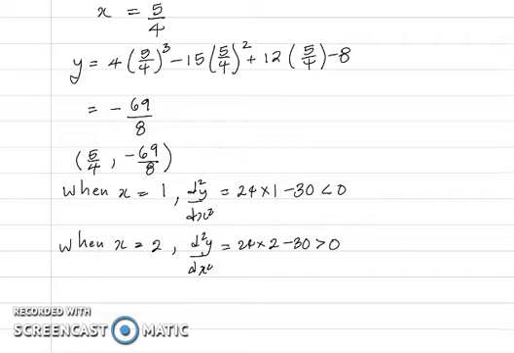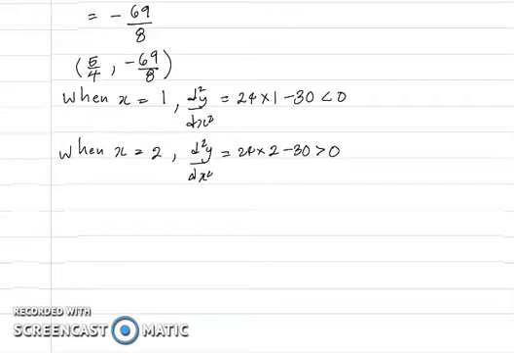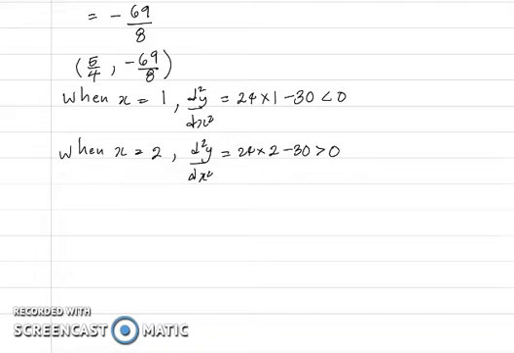So it means if it's greater than 0, it means that after the point it's concaving up. So therefore, since before the point and after the point, 5 over 4, minus 69 over 8, the curve changes concavity. It means therefore that 5 over 4, minus 69 over 8 is a point of inflection.